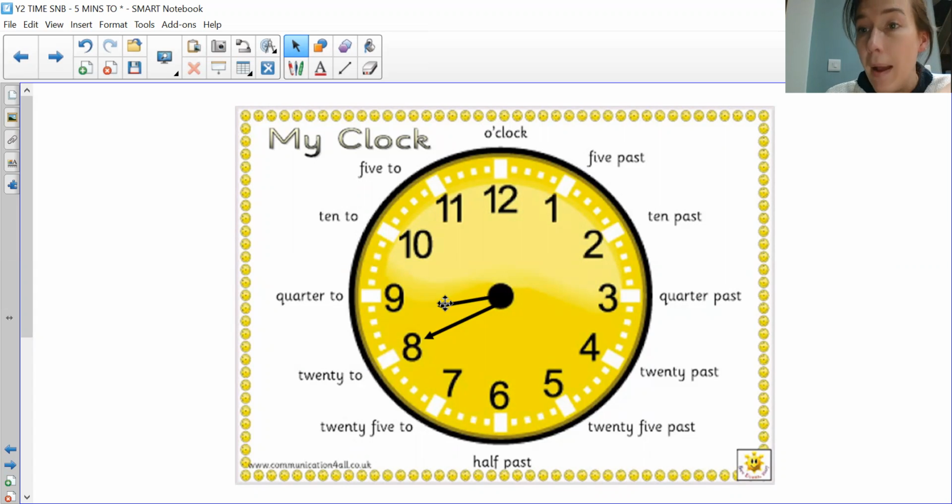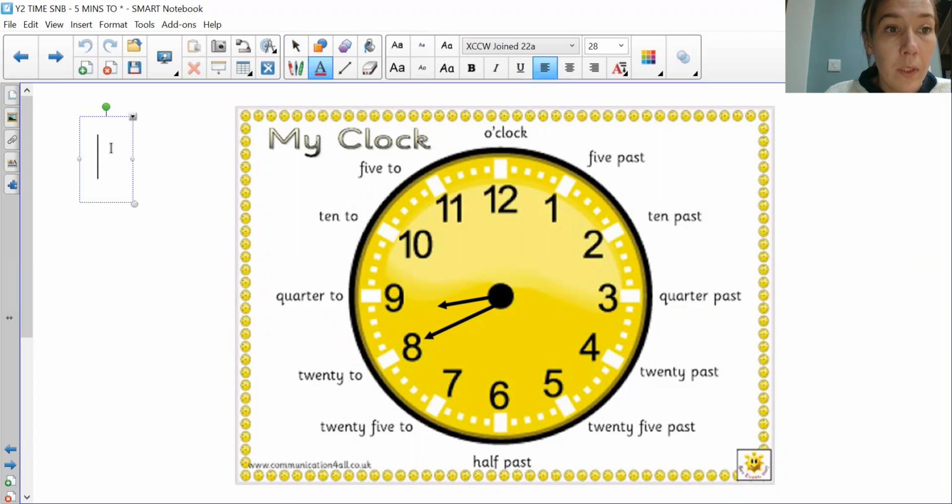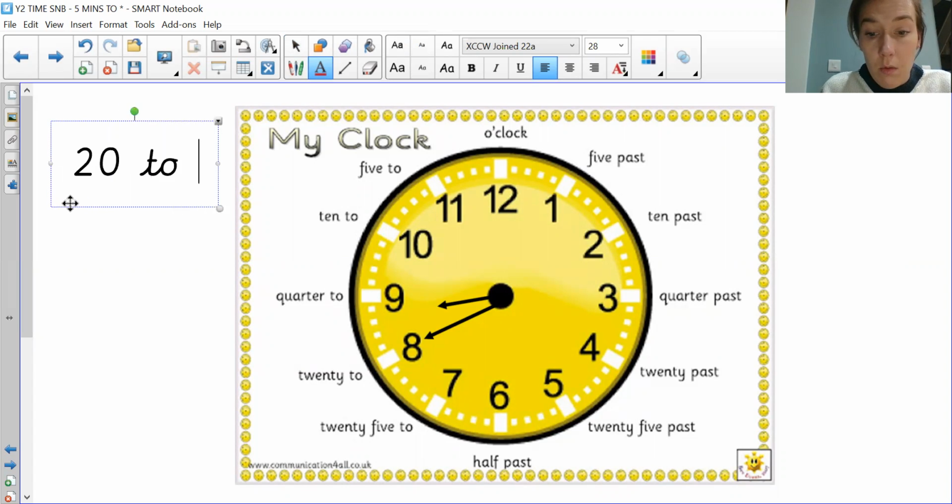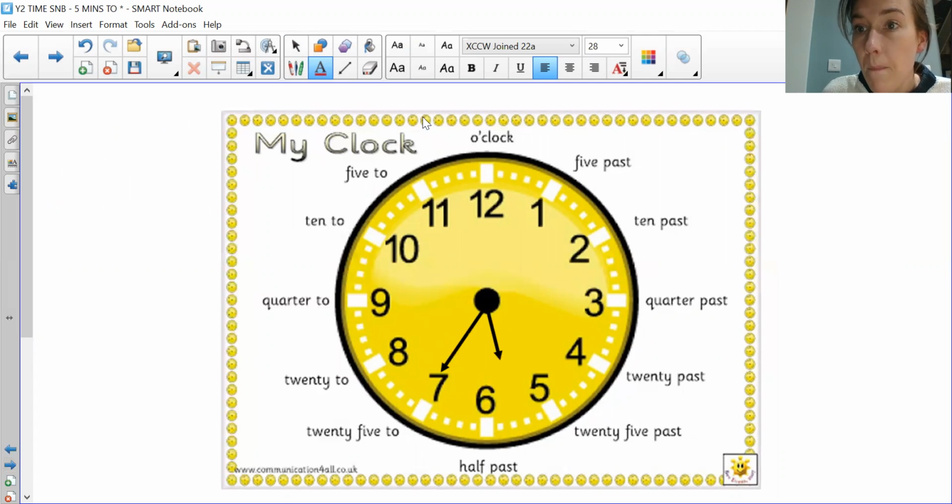It's not yet gone past the 9. It's on its way to it. And if we count up in 5s, we've got 5, 10, 15, 20. So the time shown there is 20 to 9, and we can write it as 20 to 9. Simple as that. Okay, let's have a look at another one.